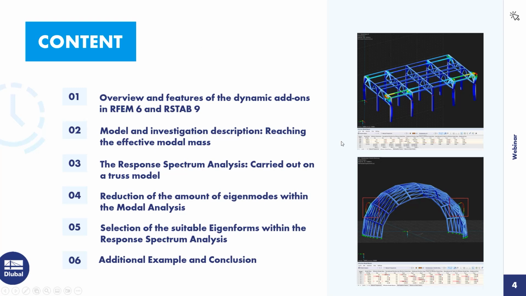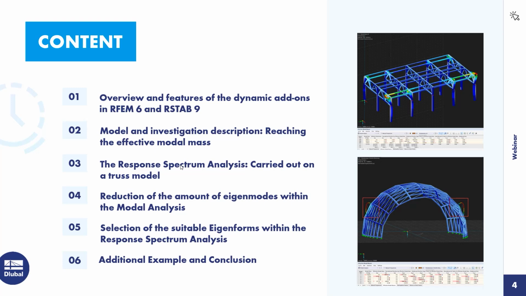So let's start with how we're gonna proceed through this problem. First we will give an overview over the features and the add-ons within the dynamics part of the program. Then we will continue with the model on the top right side. I will briefly explain the model itself and also describe the investigation we try to make. The investigation will be to reach the effective modal mass most efficiently.